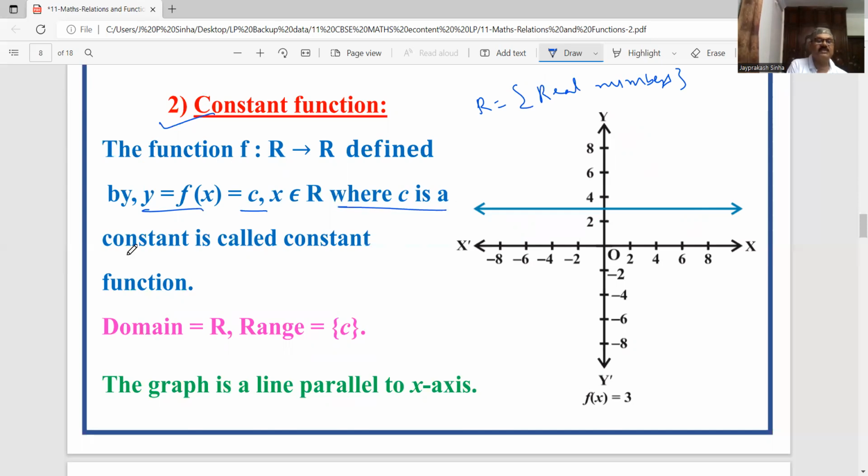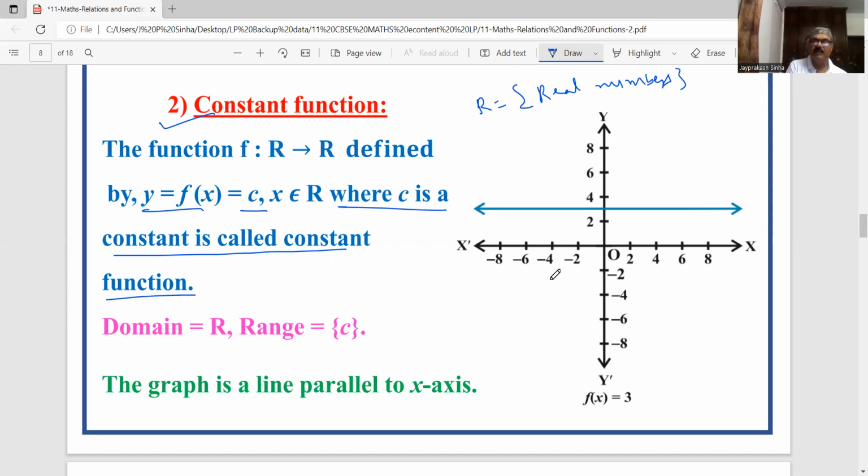So the function f from R to R defined by y is equal to f(x) is equal to c, where x is a member of the real numbers and c is a constant. So this is called a constant function.